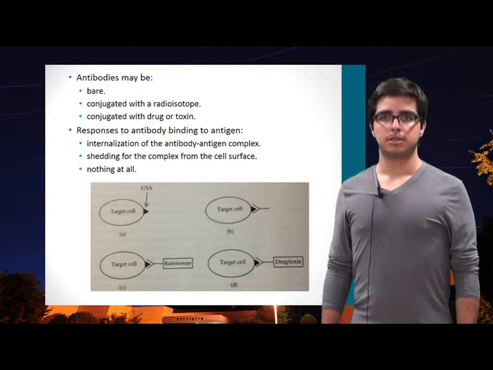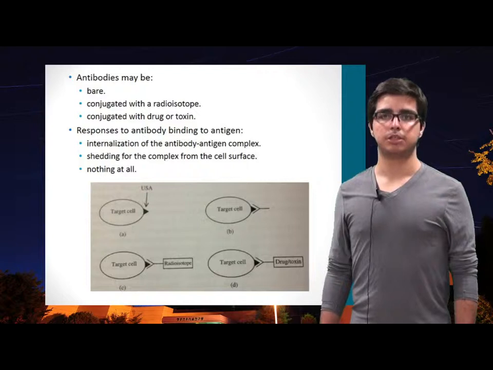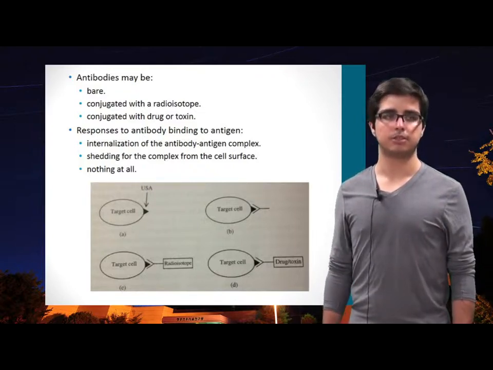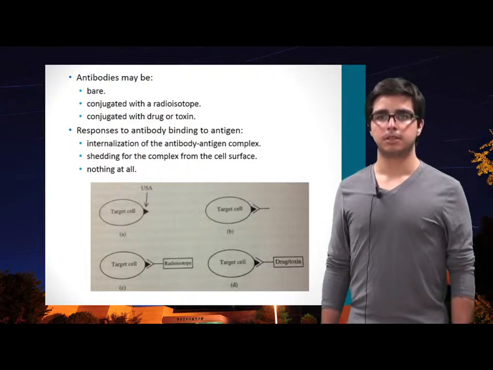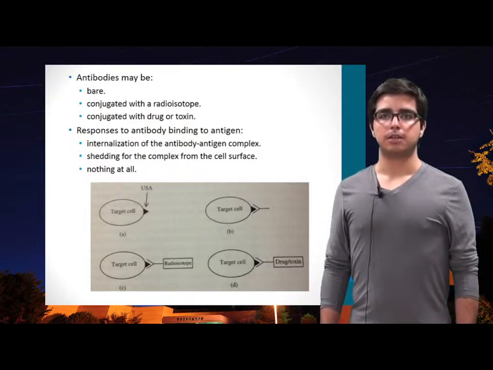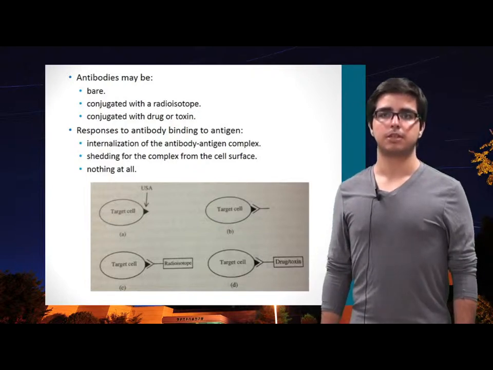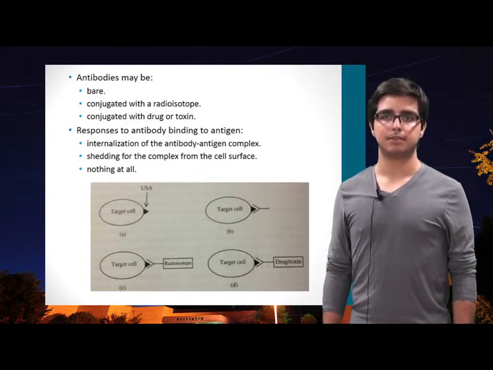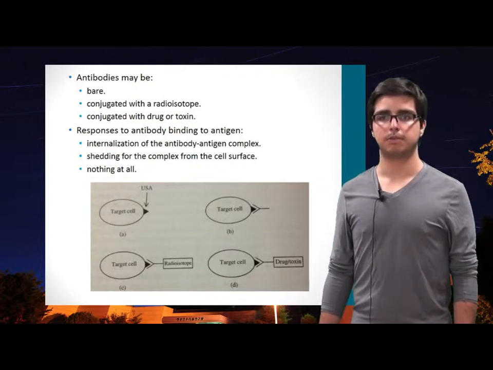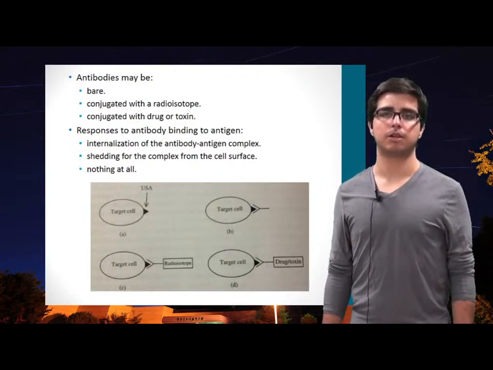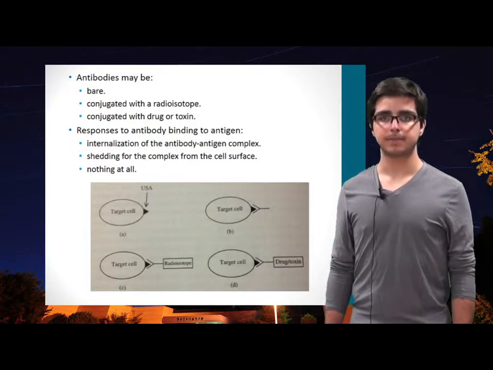Antibodies can either be bare, or they can be conjugated with a radioisotope or a drug or toxin, depending on the purpose. Once an antibody binds to an antigen, it can have different responses, such as the cell might internalize the antibody-antigen complex. It can also shed from the membrane, or also nothing can happen.